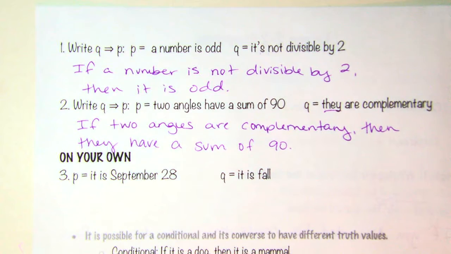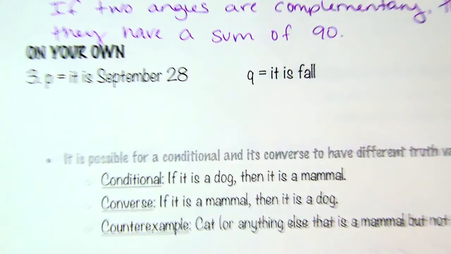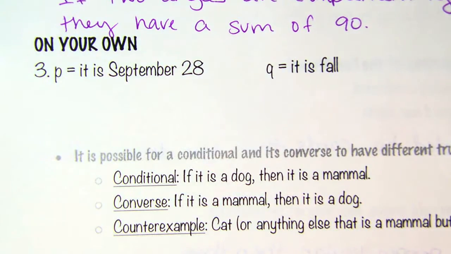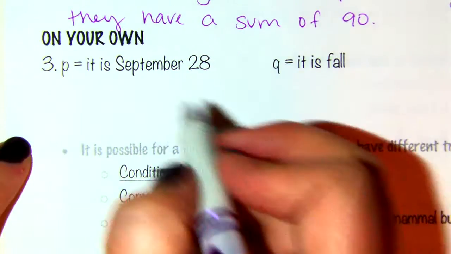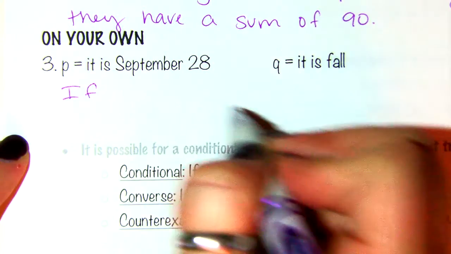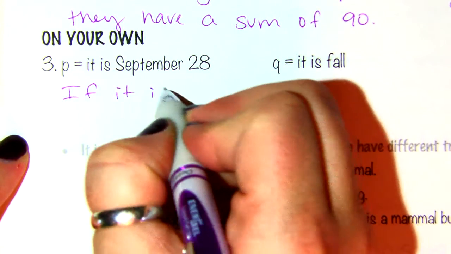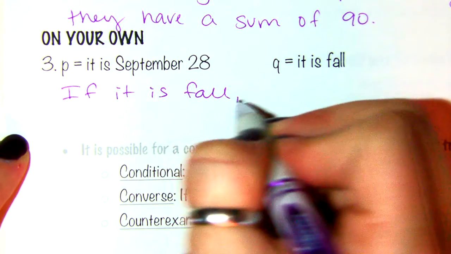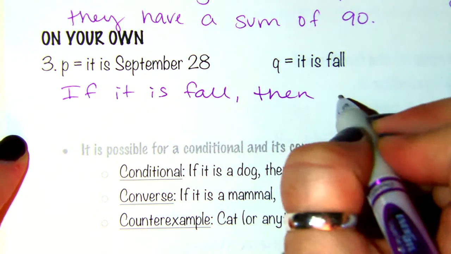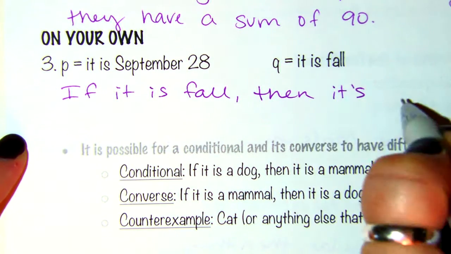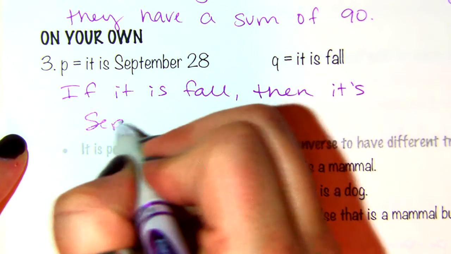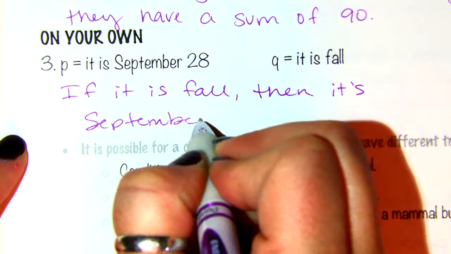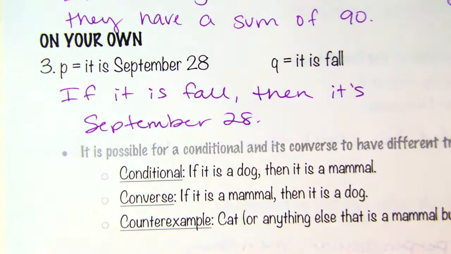So pause here and see if you can do number 3 on your own. Okay, you should have gotten if it is fall, then it's September 28th. So hopefully you notice that that is not a true statement because that's what we're going to talk about next.